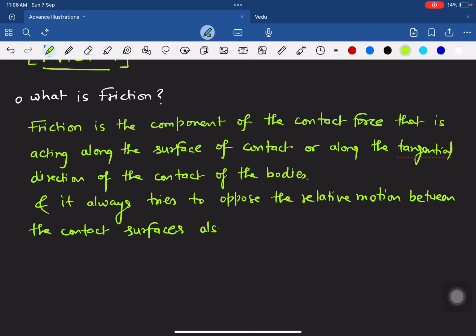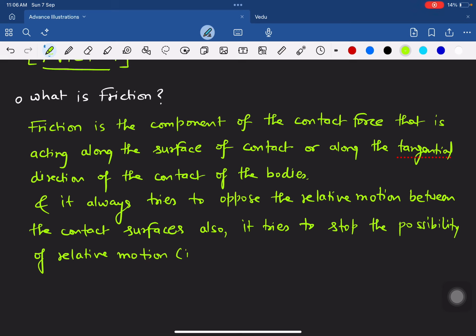Also, it tries to stop the possibility of relative motion, which is also known as impending motion, in its capacity.